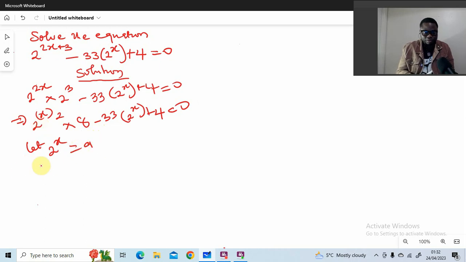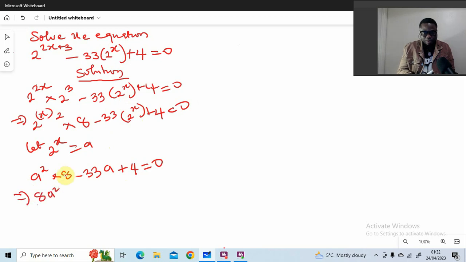So doing that, the first expression will give me a raised to the power of 2 times 8 minus 33a plus 4 equal to 0.